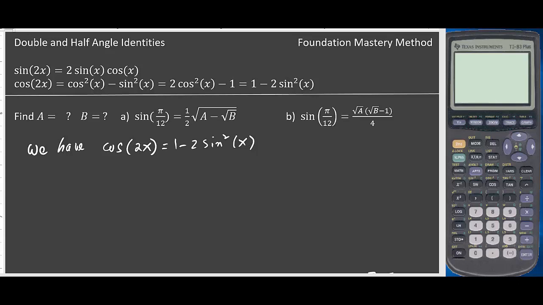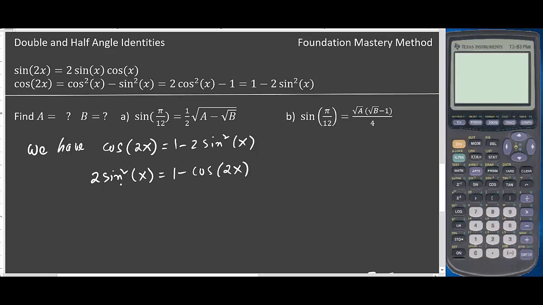We see from the cosine double angle formula I have this. If I add 2 sine squared x to both sides and subtract cosine 2x from both sides, then we get 2 sine squared x equals 1 minus cosine 2x.